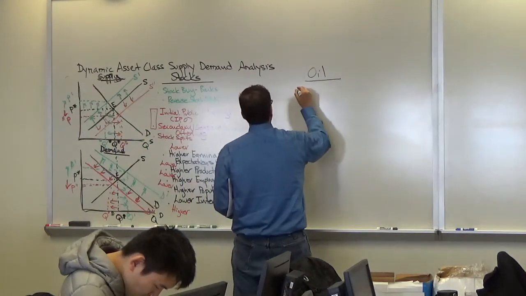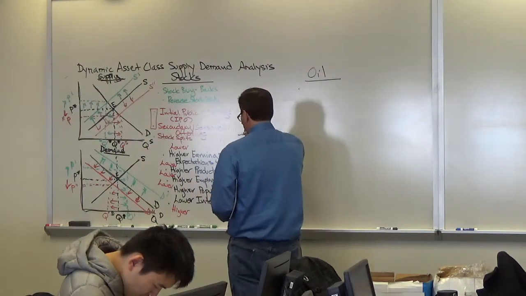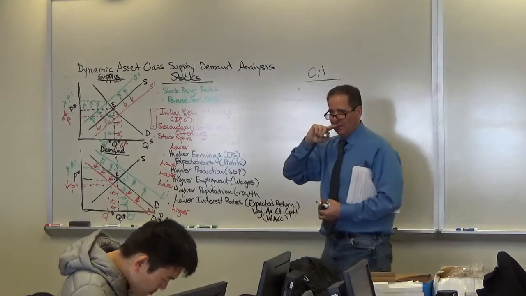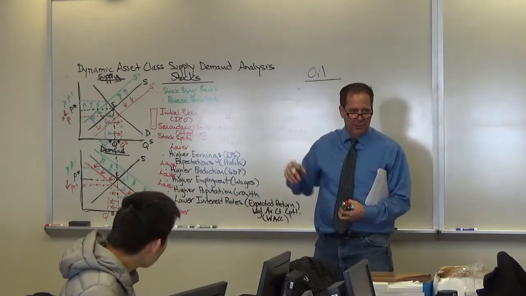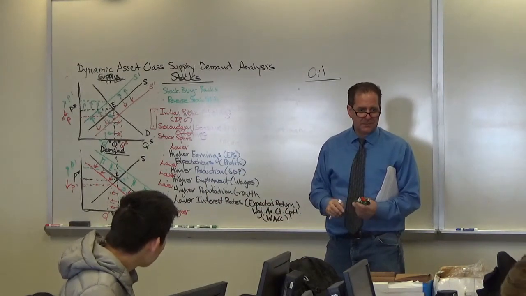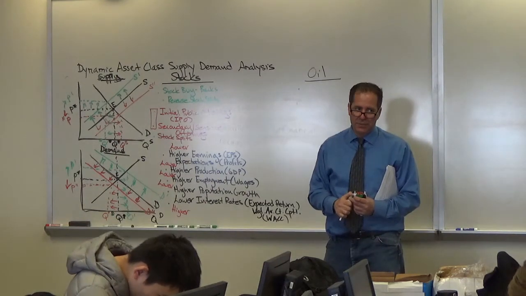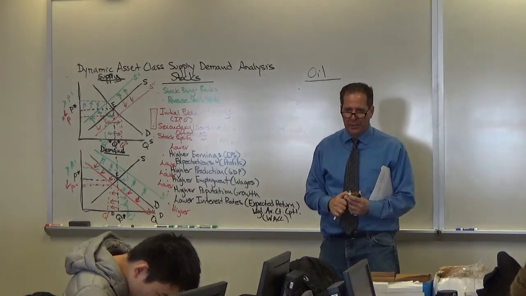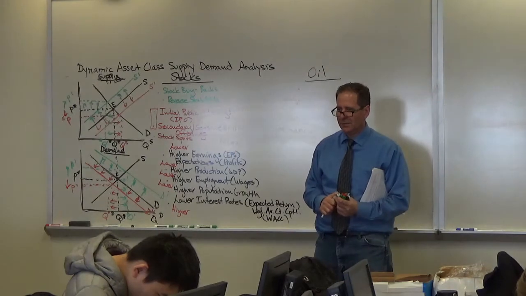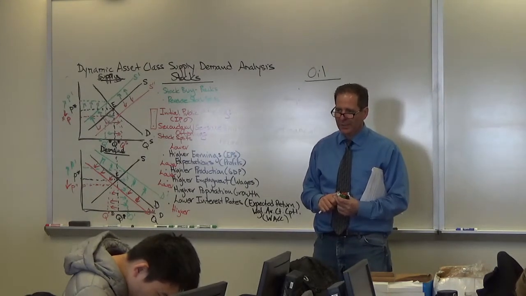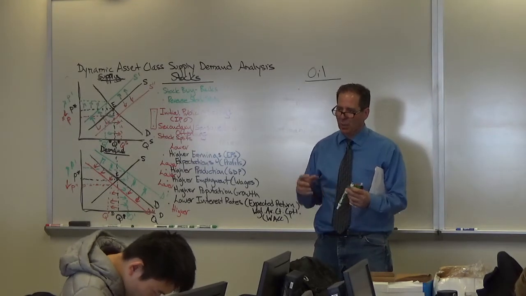And you guys have probably started researching some of this stuff. What would cause the supply curve to shift back for oil? Who's the major market maker in oil on a global basis? Who controls the oil market on a global basis? Exactly, and that is called what?